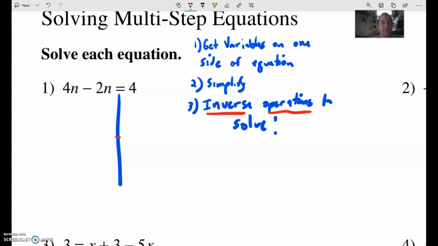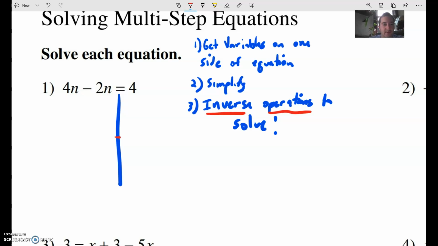So let's solve a couple of these equations. I'm going to always draw the line down from the equals because that separates the left side of the scale and the right side of the scale. So get variables on one side of the equation. Both variables are there. They're both on the left, so we're good. Simplify. Well, 4n minus 2n, I can simplify that.